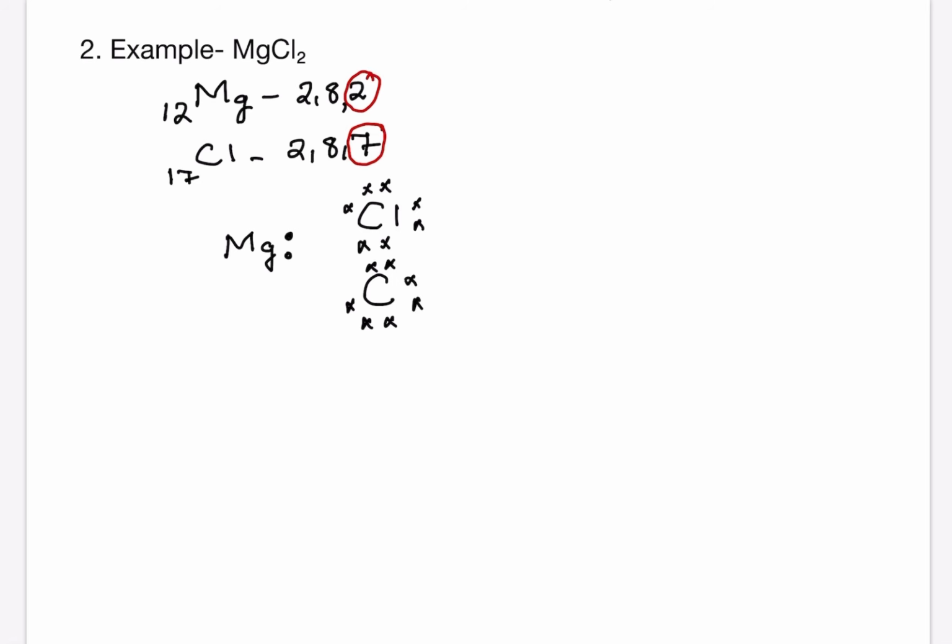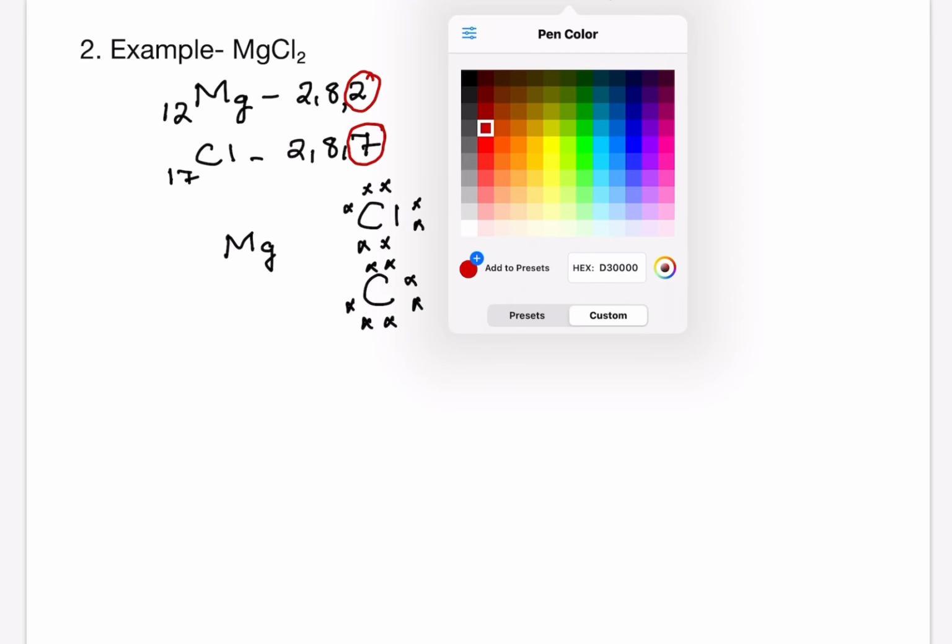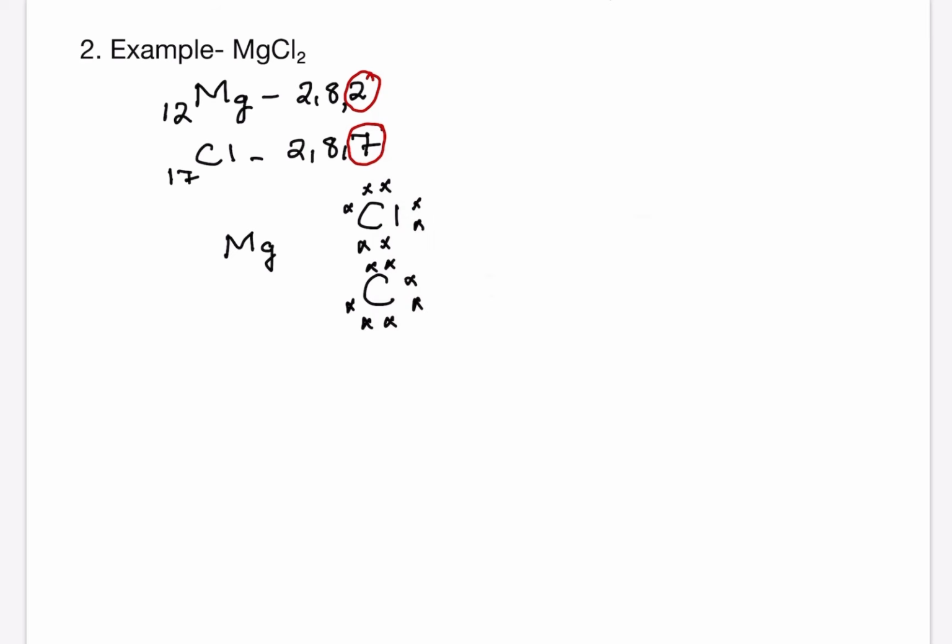Now we can show the transfer of electron. We can first make the electrons over here, and then we can use the red to show the transfer of electron. So both the chlorines get 1 electron each.